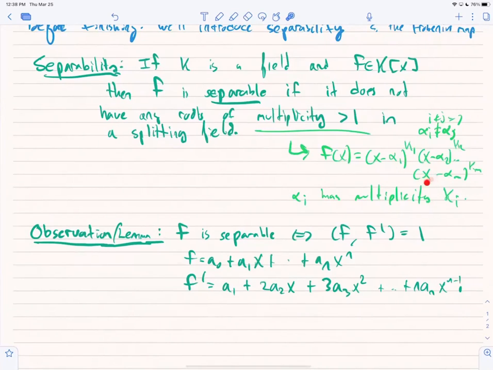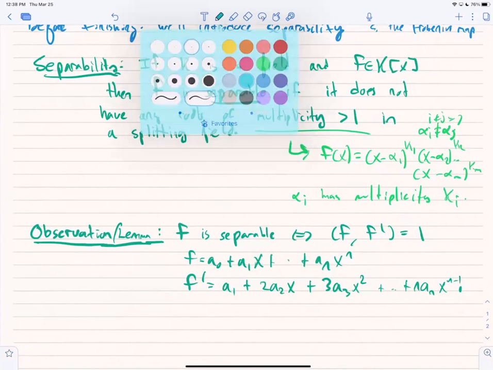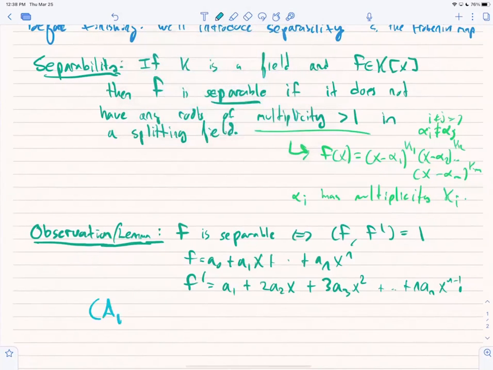When you apply the chain rule, you get something that has no zeros in common with f if it's separable, that is, if all these ki are 1. So the proof is just to apply the chain rule in a splitting field.